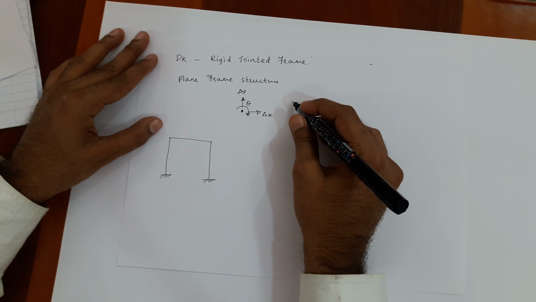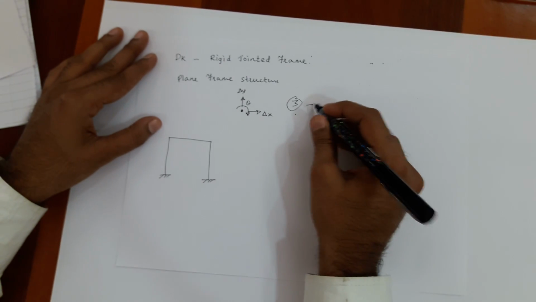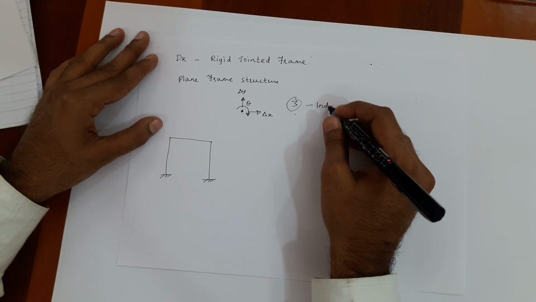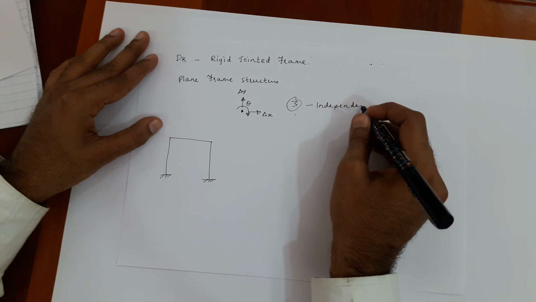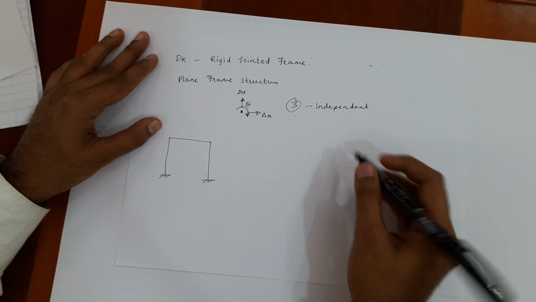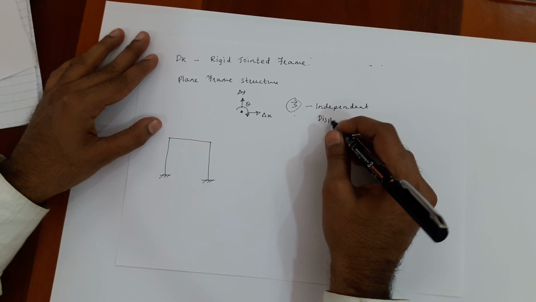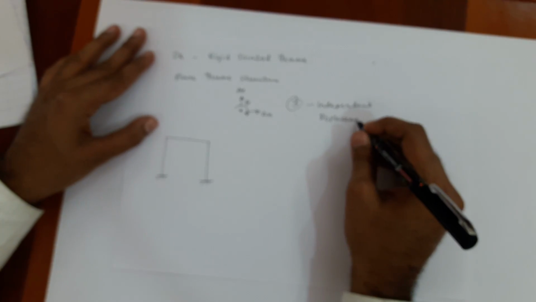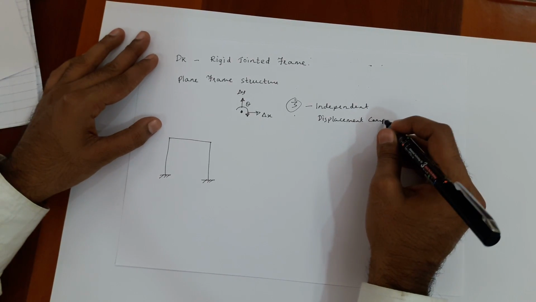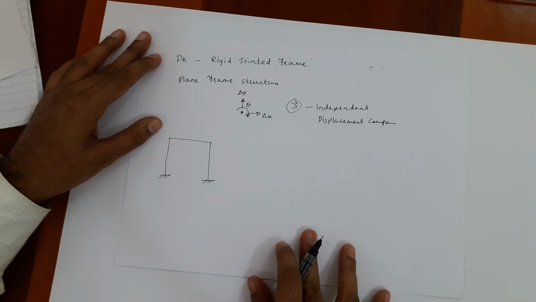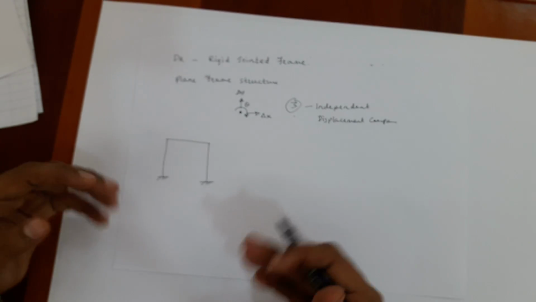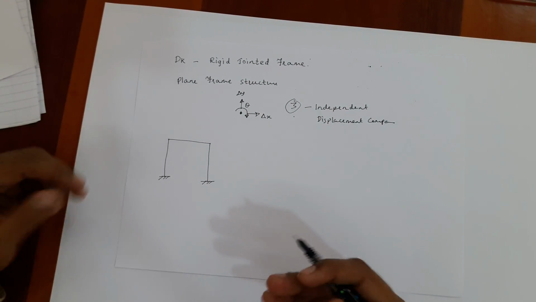So each joint has three independent displacement components. Okay, so it depends upon the reactions also.